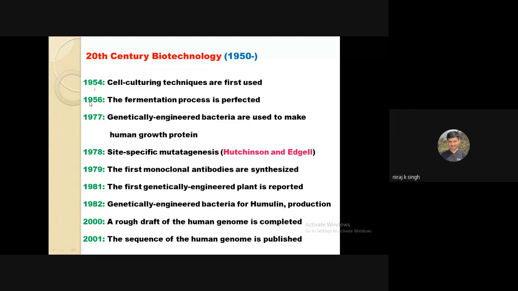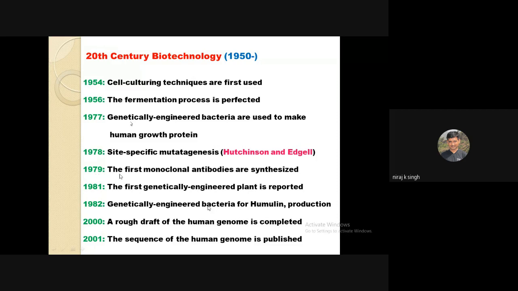Subsequently, in 1956, the fermentation process was more commercialized and perfected. In 1977, the first genetically engineered bacteria were developed to produce useful human growth proteins. In 1978, site-directed mutagenesis was discovered.